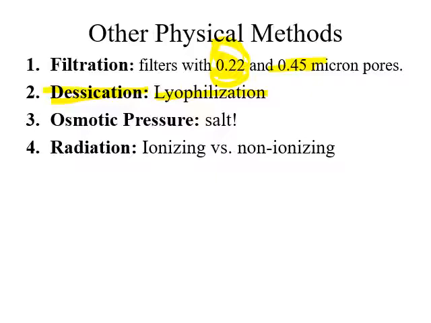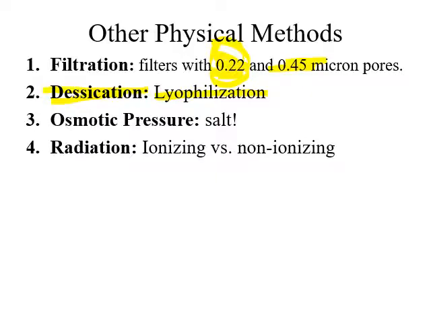So they simultaneously freeze and evaporate the water out of the soup, and then you end up with just powder. And the powder is dry enough that bacteria and fungus will not grow in it. So then you put that into pouches, and then you open up the pouch and you pour it into a bowl and you add boiling water and it will come back to life again, basically.